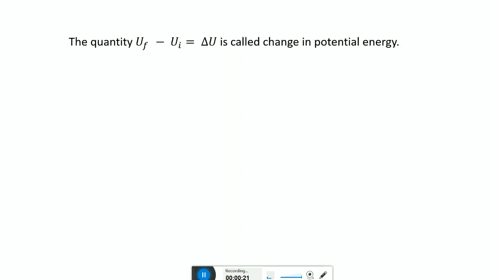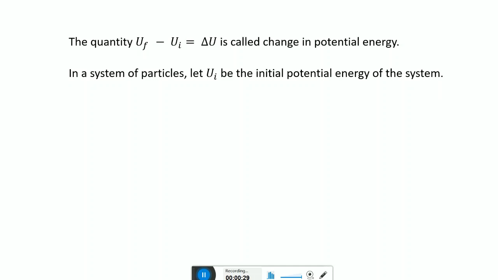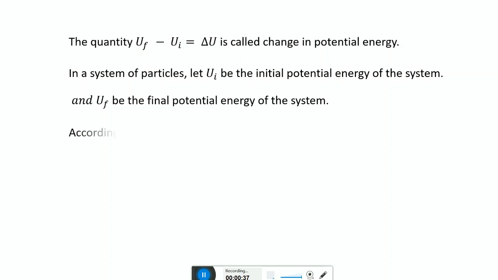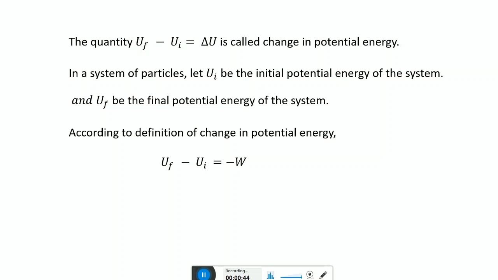The quantity UF minus UI, which is equal to delta U, is called the change in potential energy. In a system of particles, let UI be the initial potential energy and UF be the final potential energy. According to the definition of change in potential energy, UF minus UI is equal to minus W.